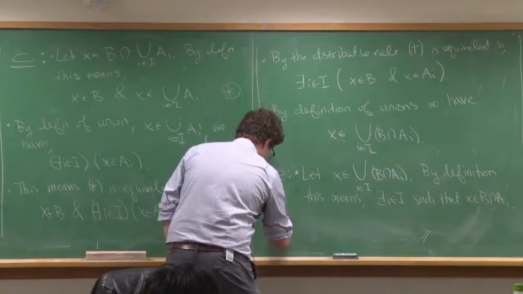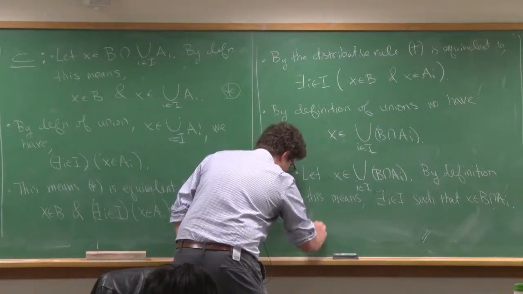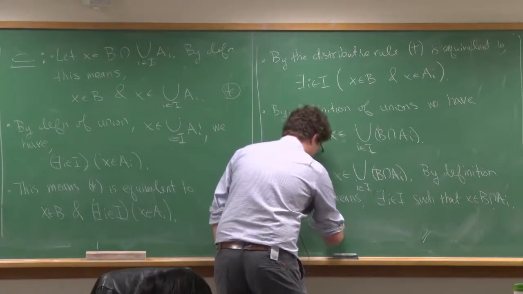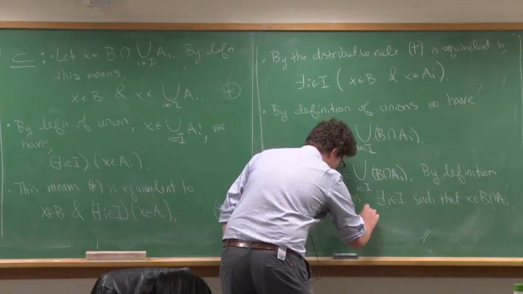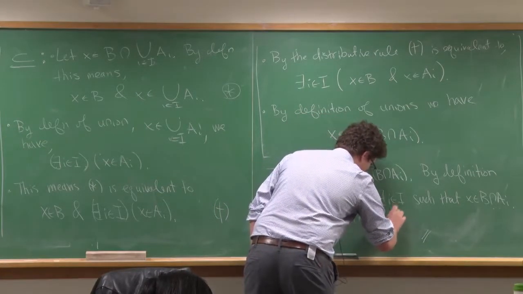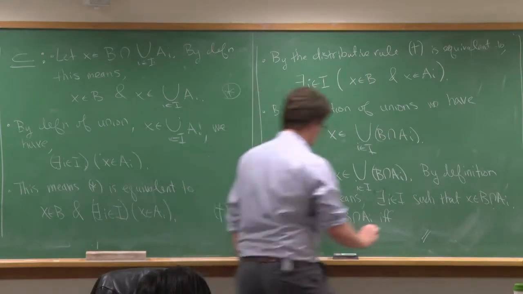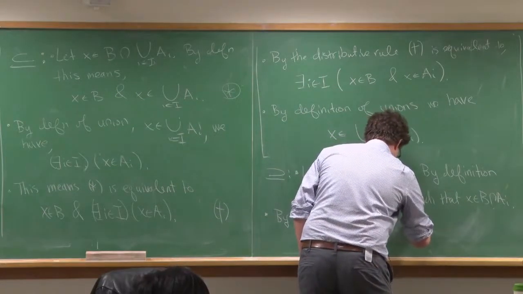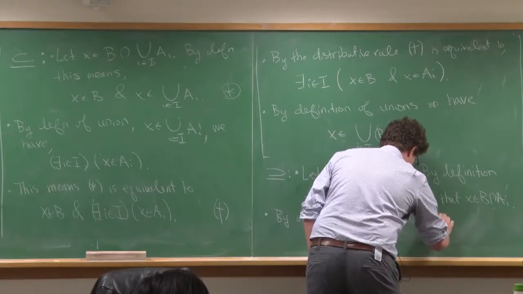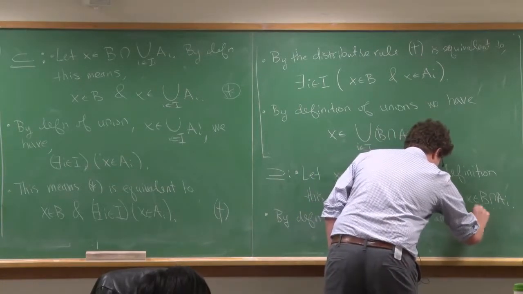So by definition, X is an element of B intersect AI if and only if, that's what it means to be a definition, X is an element of B and X is an element of AI.